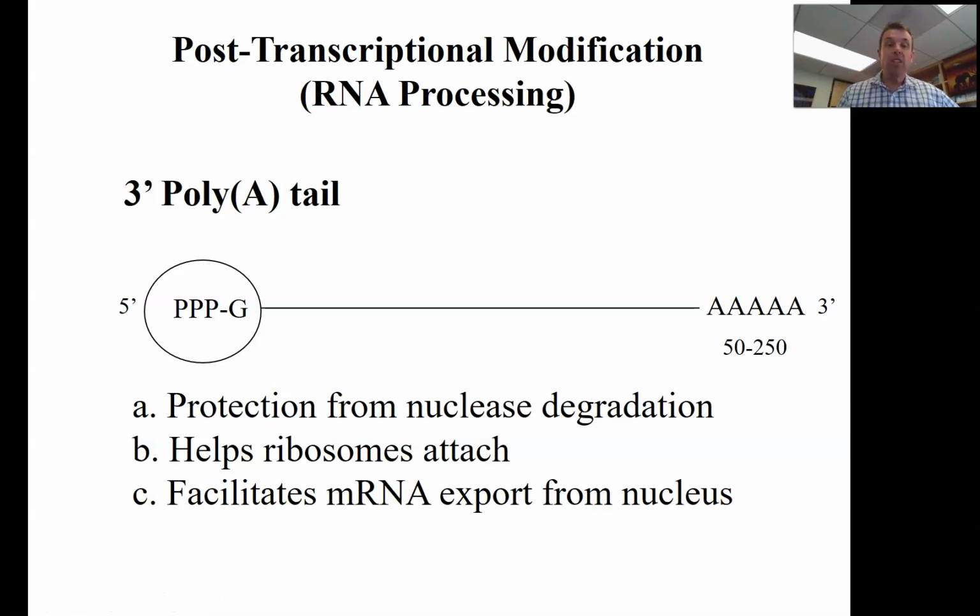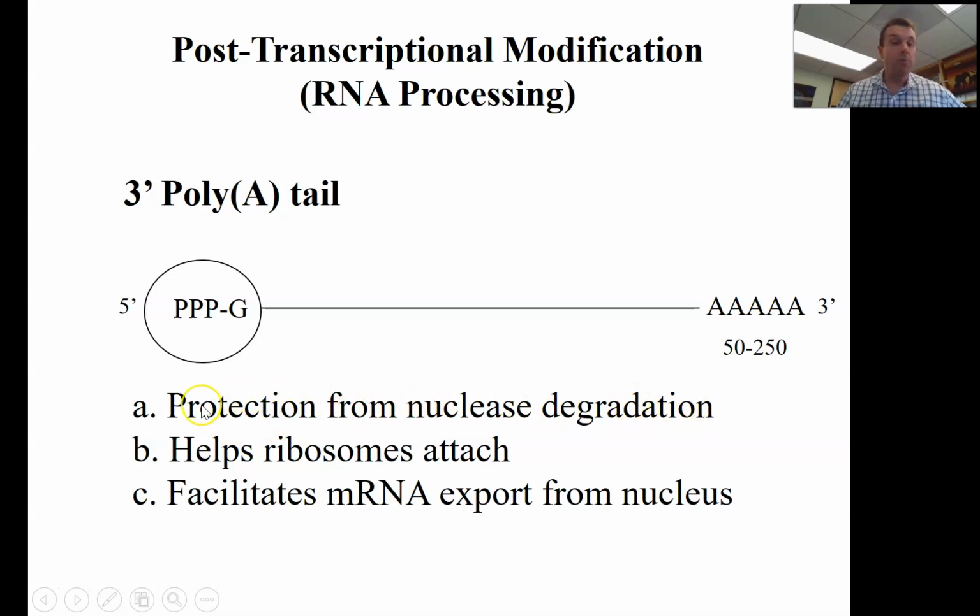This basically has the same three purposes as the 5' cap, only it does it in a slightly different way. It helps the ribosome attach in the cytosol, helps facilitate export from the nucleus to the cytosol so the ribosomes can translate the mRNA into protein, and it also protects from nuclease degradation.